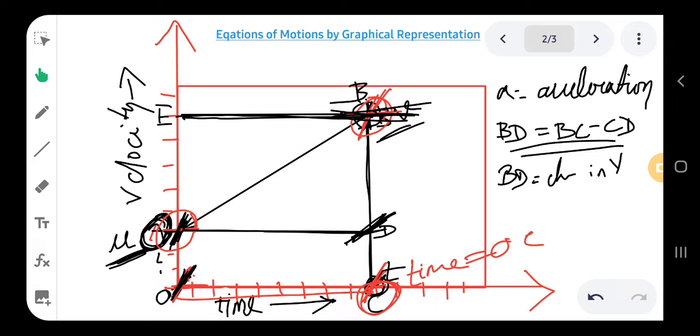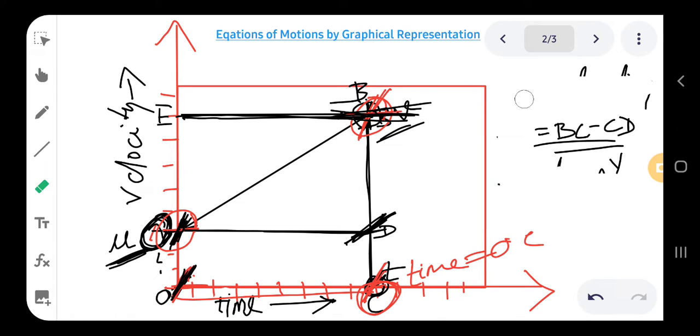From this equation we can get BC equals BD plus CD. So let me write it actually. Wait a minute.